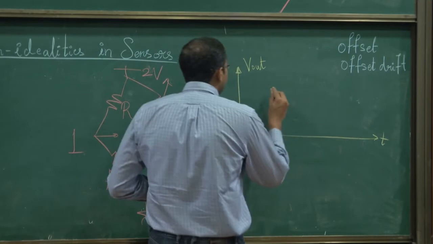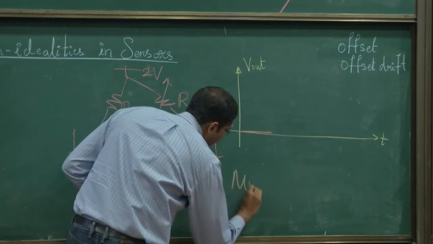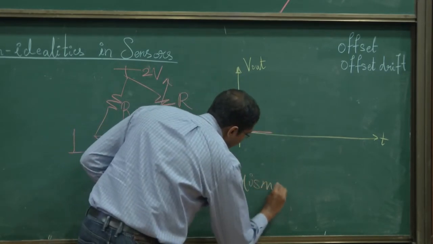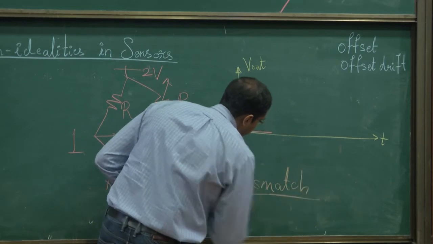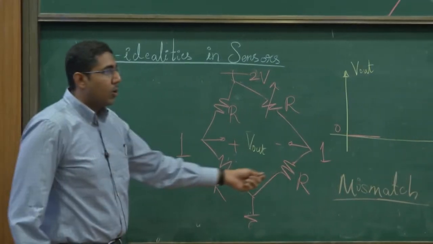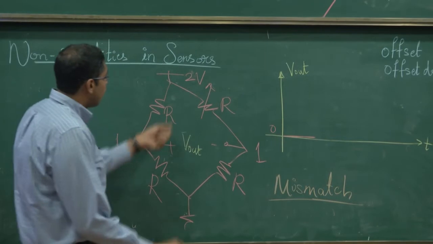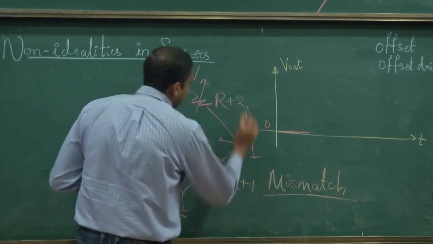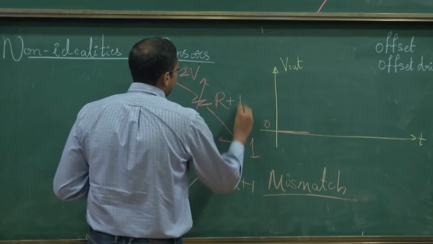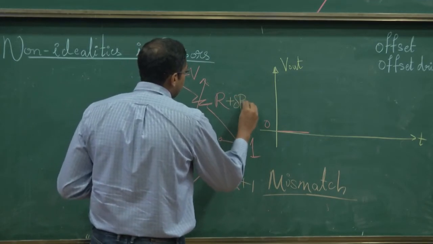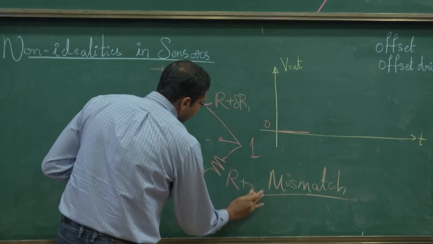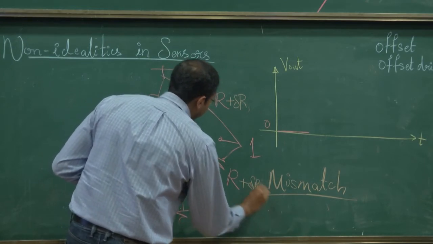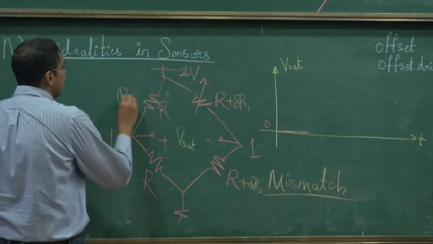And therefore, you have what is also called mismatch, right? This is what makes each of these slightly different. Let's say some small delta R1, some small delta R2, all of them are slightly different.